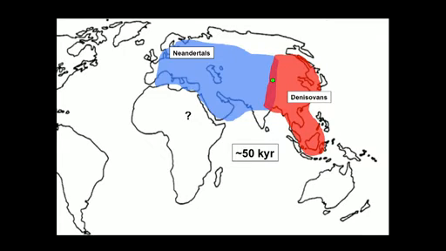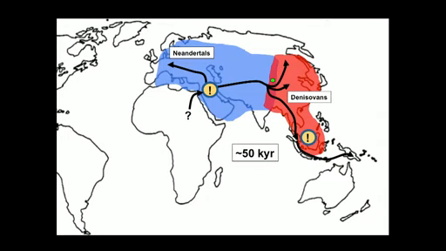We don't know quite where the border between these people was, but we know that in southern Siberia, there were both Neanderthals and Denisovans, at least at some times in the past. Then modern humans emerge somewhere in Africa, come out of Africa, presumably in the Middle East. They meet Neanderthals, mix with them, continue to spread over the world, and somewhere in Southeast Asia they meet Denisovans, mix with them, and continue on out into the Pacific.